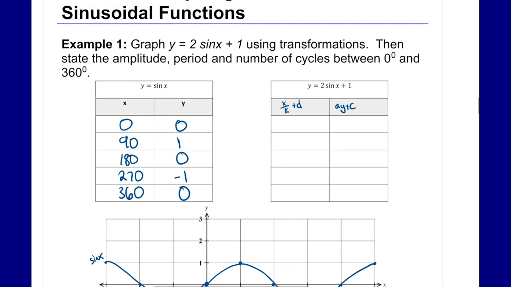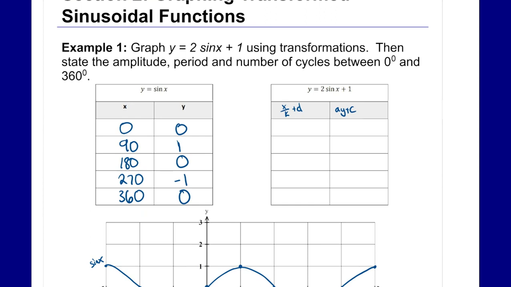So I need to figure out what transformations I have. I see a 2 out front, so that is an a value. I don't see anything attached to the x, but I do see a +1 after, which would be my c value. That means for my image points, nothing's going to change with the x. It's still going to be 0, 90, 180, 270, and 360.